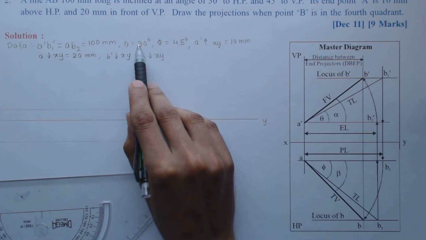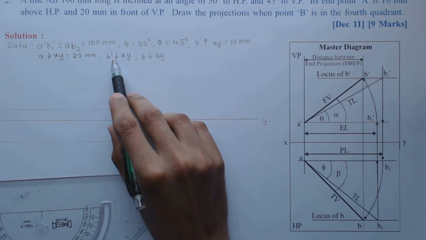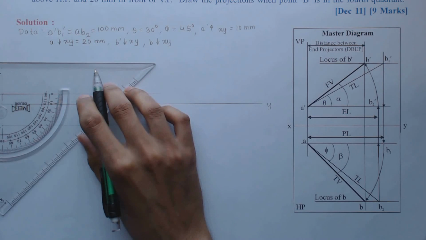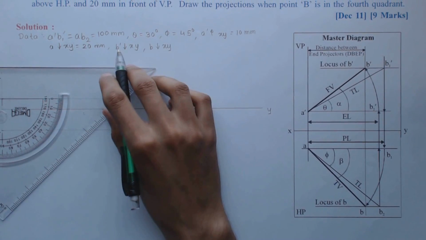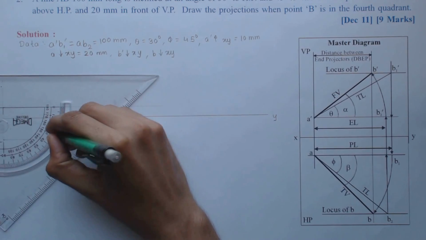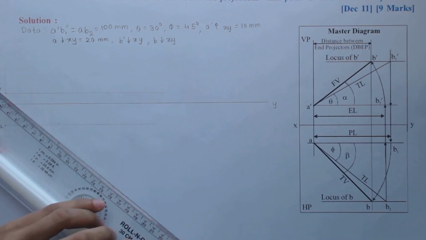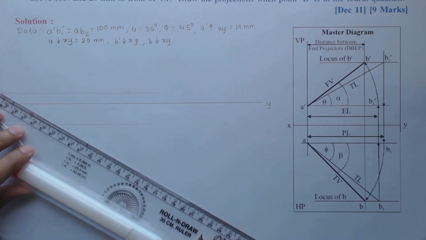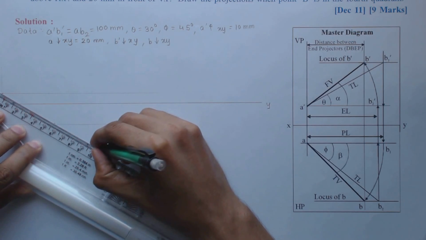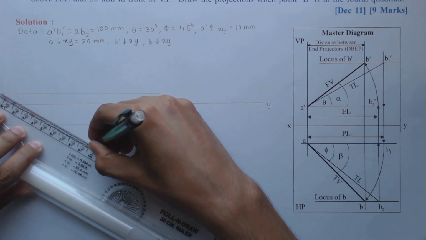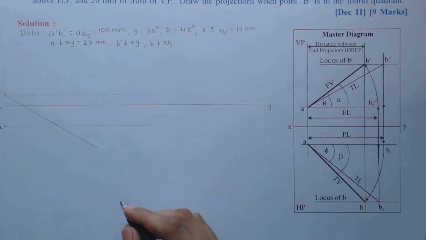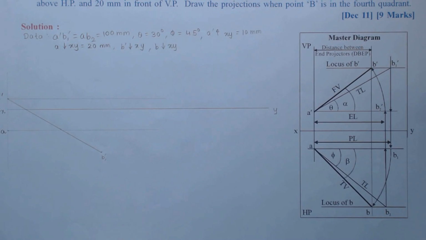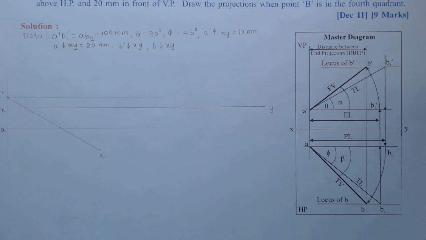So I need to produce that angle theta, 30 degree, below XY because the position of B dash is below XY. So I need to produce that angle in the downward direction, which is 30 degree, and with this 30 degree angle I need to draw the true length, which is A dash B1 dash, equal to 100 mm. Okay, so here I'm locating the point B1 dash, and I'm getting it below XY.